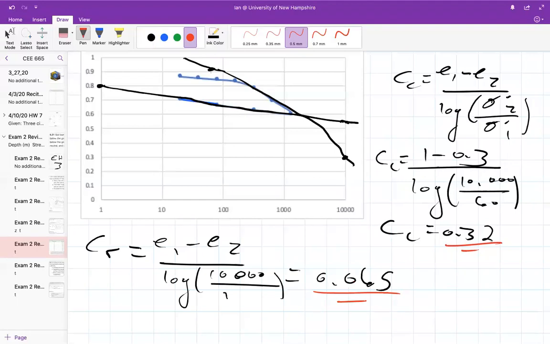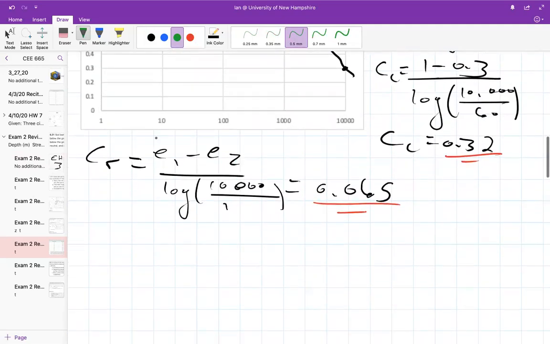We also need to determine the modified compression and recompression index. From this problem, we know our initial void ratio, so I'll write this in green. e naught is just 0.864.